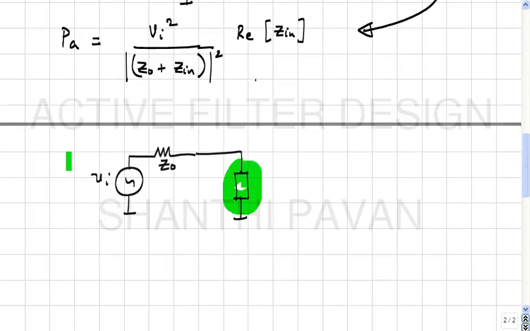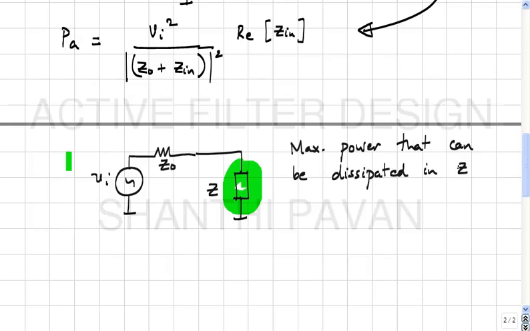So the maximum power that can be dissipated in Z is Vi square by 4Z0, and that occurs when Z equals Z0. This is a very well known thing. Correct?